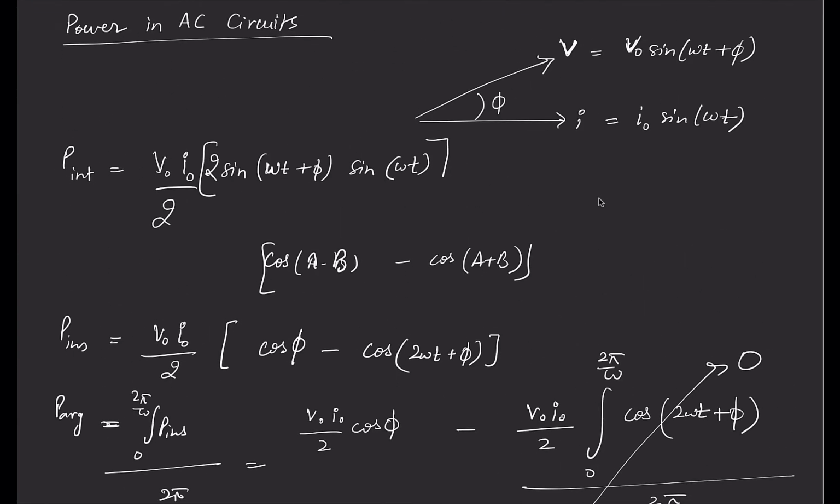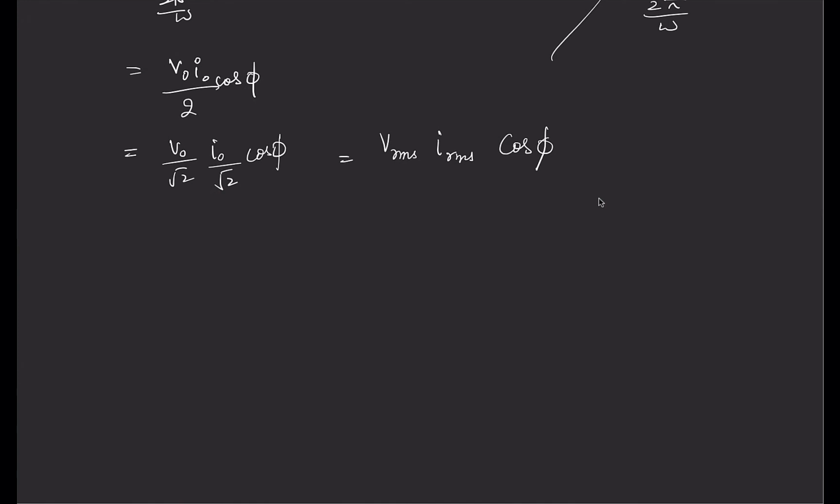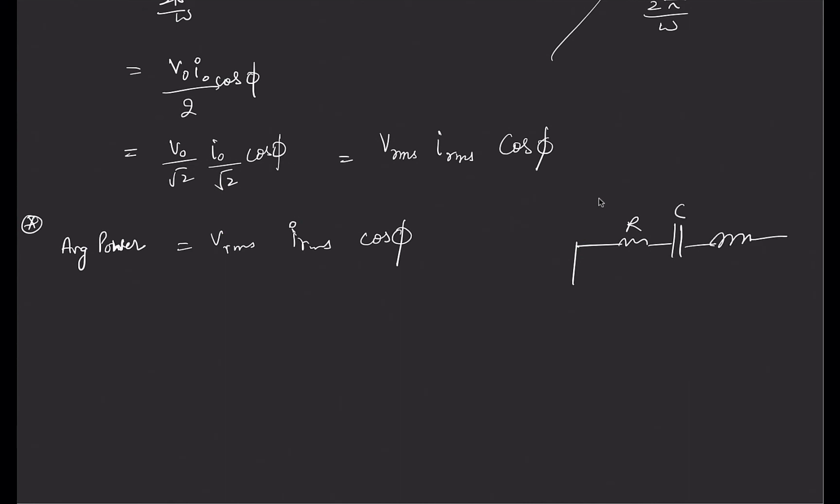Okay, so we can see that the average power is given by Vrms into Irms into cos phi. Now, let's say if there are three things: resistance, capacitance and inductance.